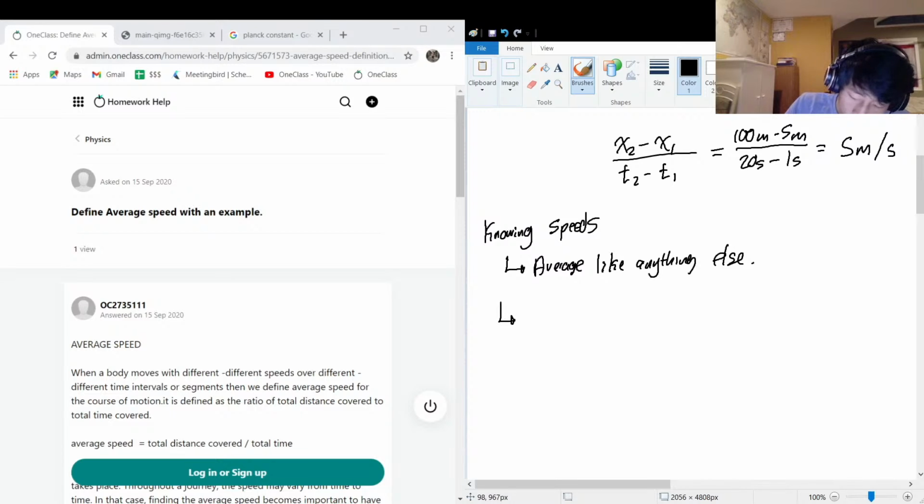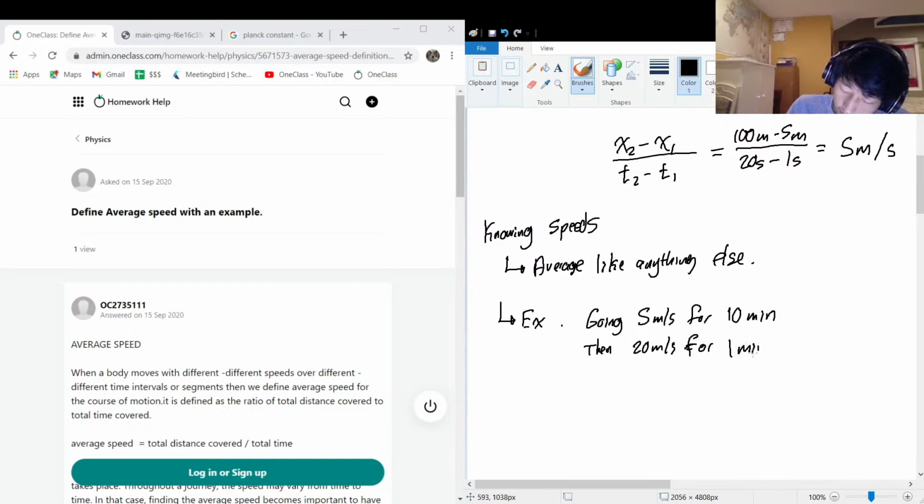So x going 5 meters per second for 10 min, then 20 meters per second for 1 minute.